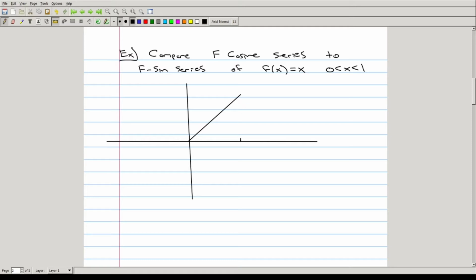And on this interval, this function looks like this.